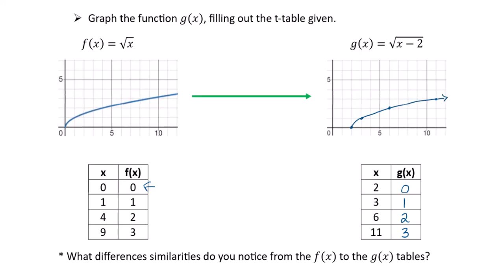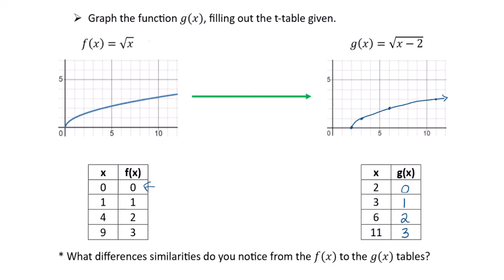Okay, so the difference or similarity that we have here is that we had to add 2 to the x in order to get the same output that we had before. When we have to add 2 to the inputs to get the same output, that means that we have shifted right 2.